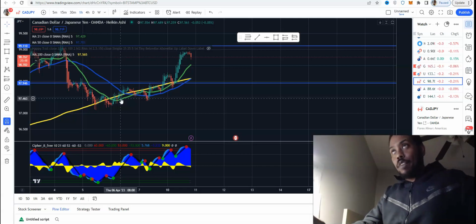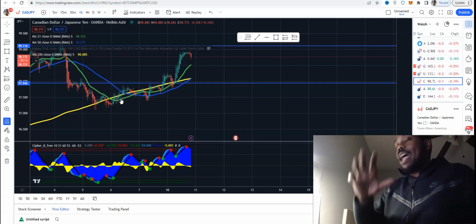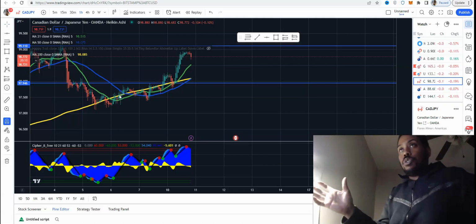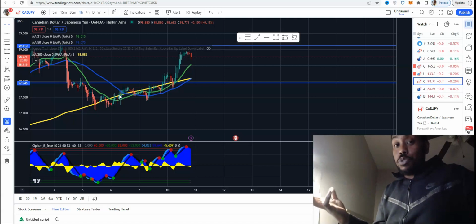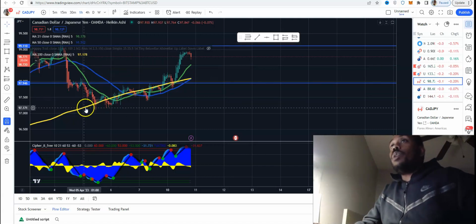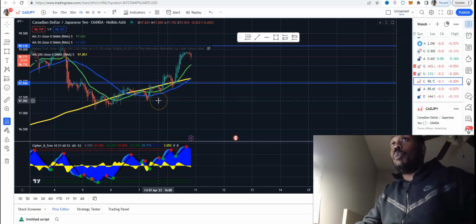Now, there are three different lines in three different colors. When you're setting this up in TradingView on your chart, it does not matter what color you make these lines, whether you choose to use three or only two. But the yellow line that you see here, I would consider to be the most important, and that is the 200 moving average.